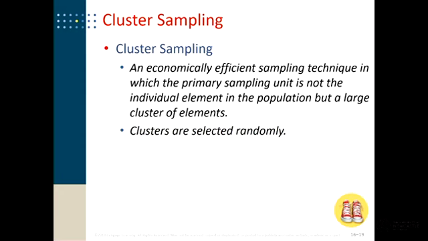So what do you mean by a cluster of respondents? That means you pick probably a geographic location, or a particular university, or a particular shopping mall where you will survey people. You pick a particular neighborhood, a particular suburb, and you survey the people there. So this is cluster sampling.